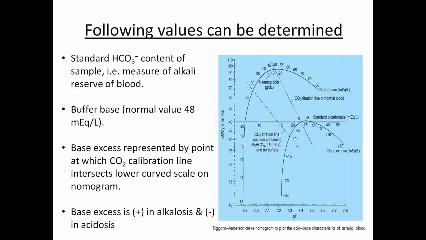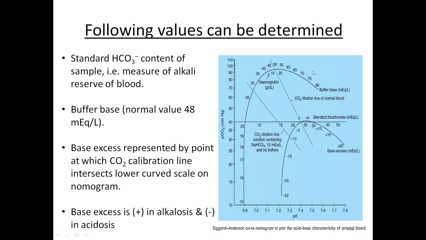Then there are some additional graduations on the upper curved scale, which are for measuring the buffer base. Okay, buffer base content. The point where the CO2 calibration line of the arterial blood sample intersects this scale shows the milliequivalents per liter of buffer base.